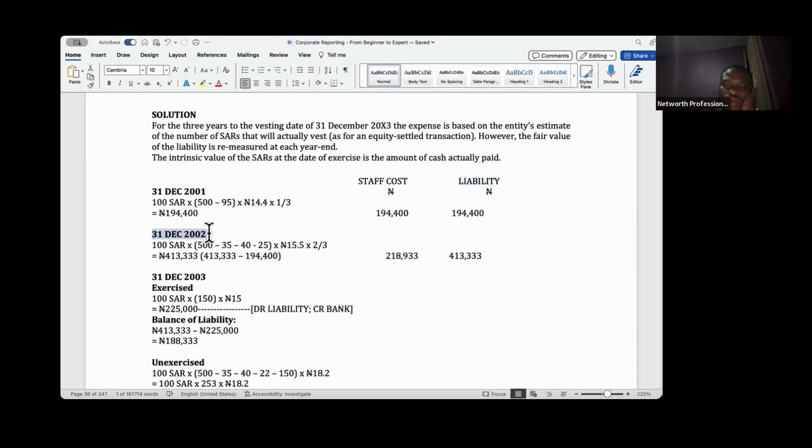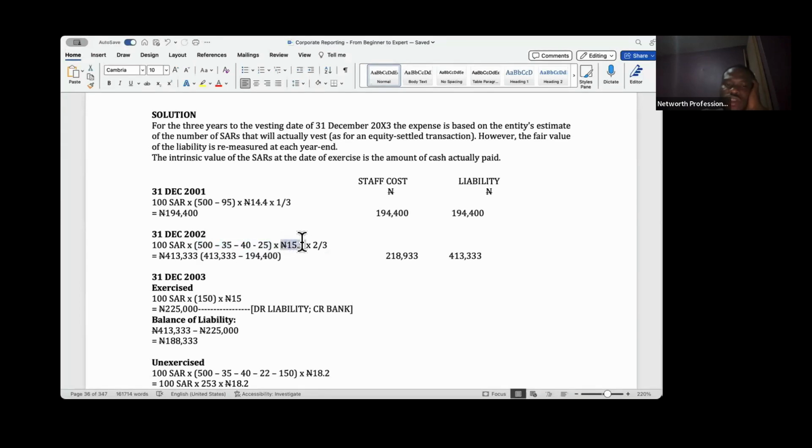In year 2, 31st December 2002, 100 share acquisition rights, just like Ayola explained, 35 left in year 1, 40 left in year 2, and they estimated that an additional 25 will leave. If you do this arithmetic, you come to 400 employees that will vest at the vesting date.